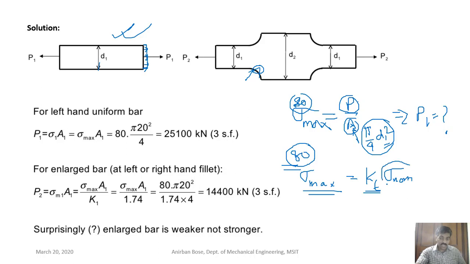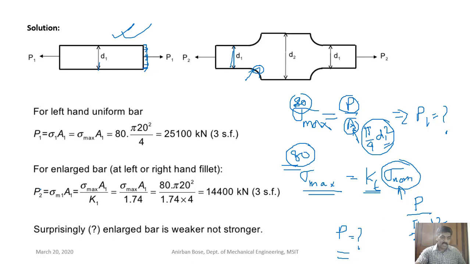What about the nominal stress? For nominal stress, this will be the load P divided by the smaller cross section, and that is equal to pi by 4 d1 square, the circular cross section. In the nominal stress you do not know what P is, so from this equation you can find out this P, which is called P2 here.